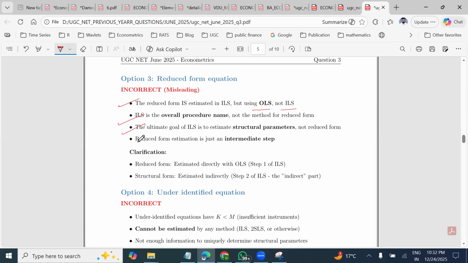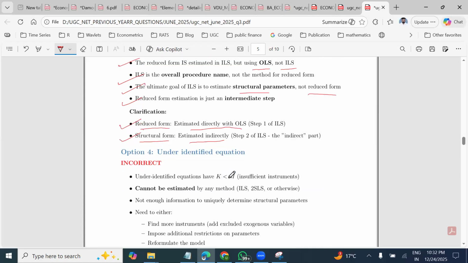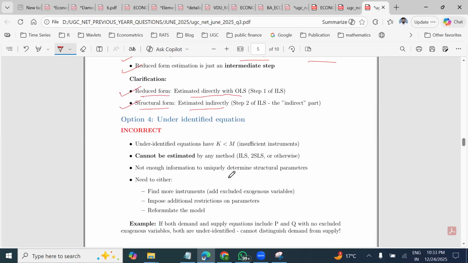The ultimate goal of ILS is to estimate the structural parameter, not the reduced form. So reduced form estimation is just an intermediate step. The important point to remember is, if there is a reduced form equation, you can estimate it directly with OLS, and if there is a structural form, you have to estimate it indirectly. This is a simple way you can remember or relate.